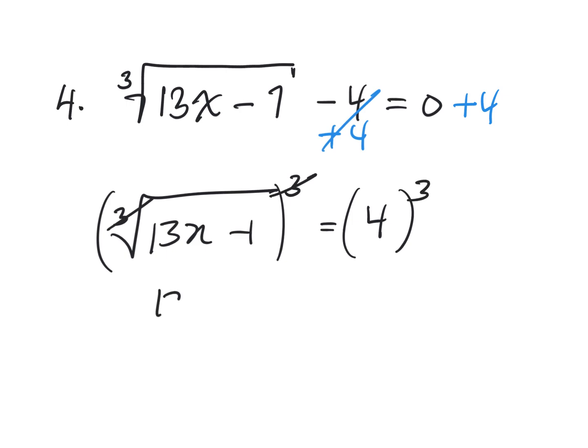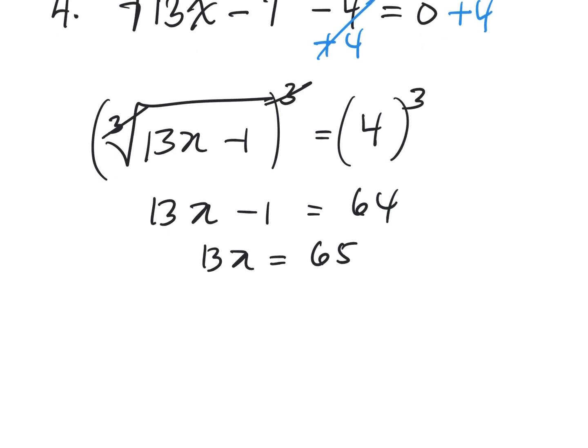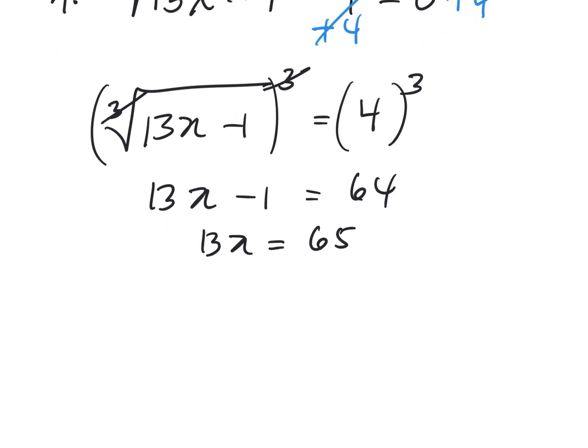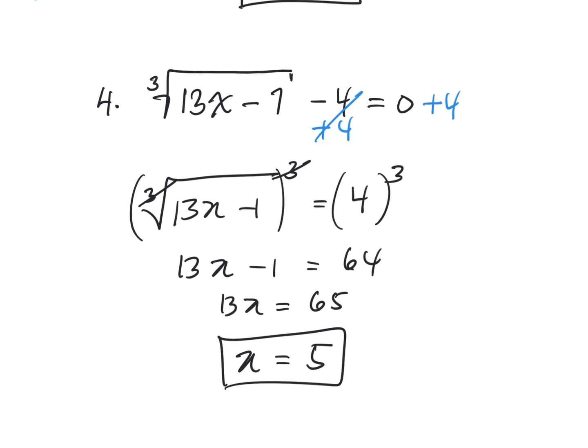Cancel this out. That's going to give you 13x minus 1 is equal to 64. 13x is equal to 65. I added 1 on the other side. I added 1 on this side. Now, dividing by 13 on both sides, that's going to give us 5 as our final answer.